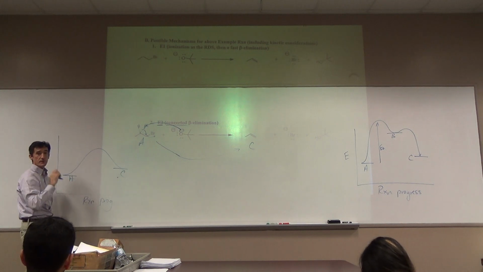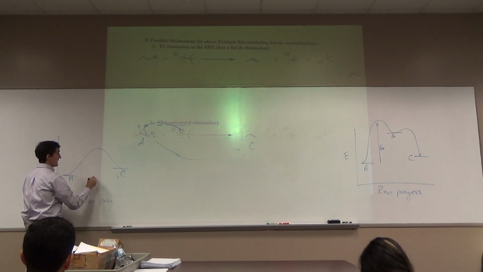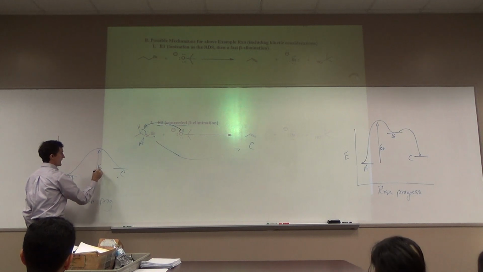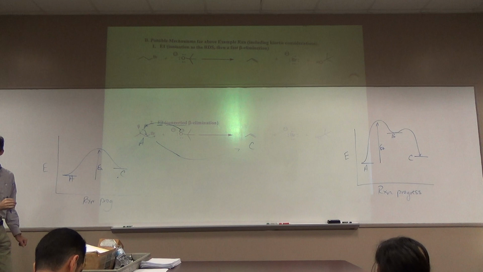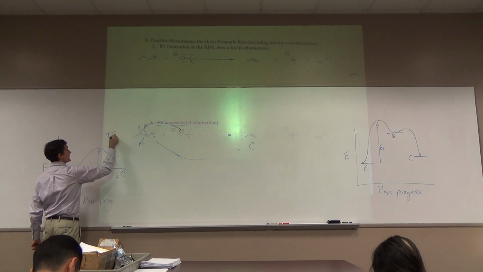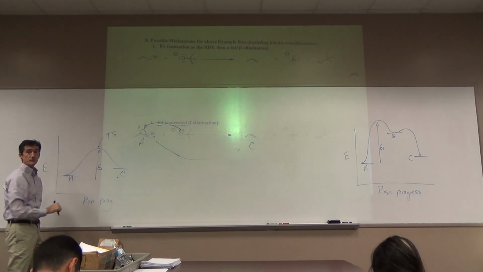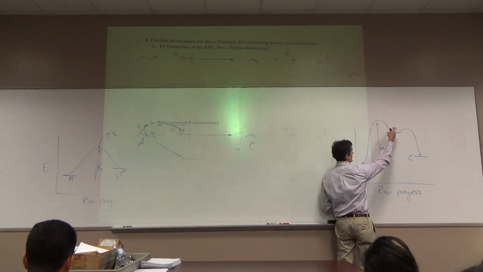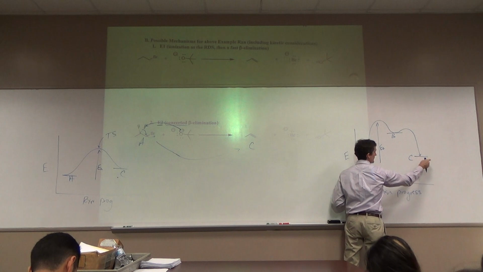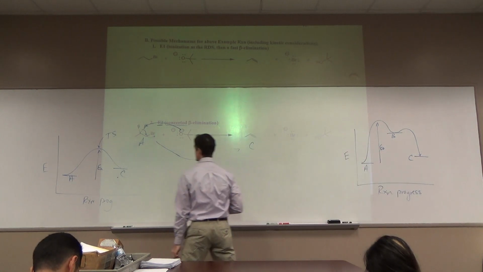There is no B. There is no intermediate. You just got a transition state. This is your transition state, right? Just one transition state. Over here, of course, we had two transition states: a transition state leading to the intermediate, and a transition state leading to the final product.